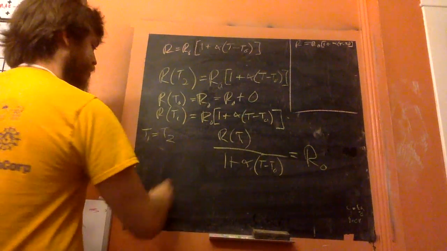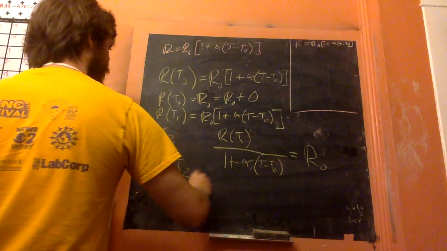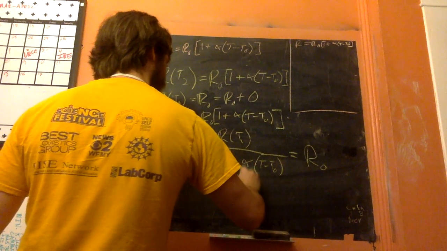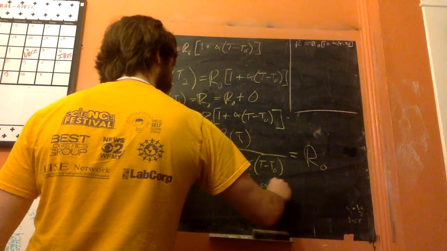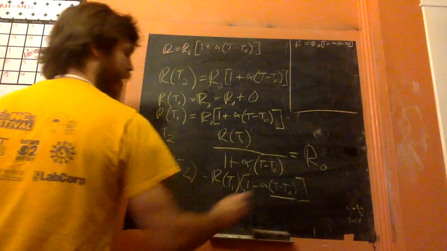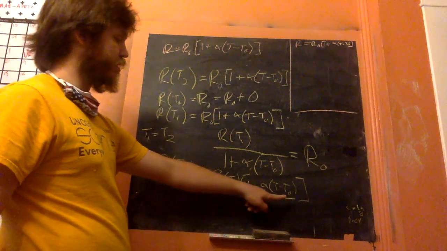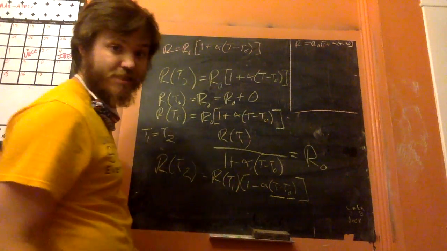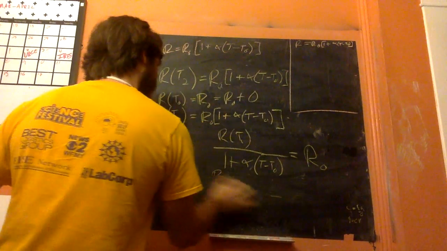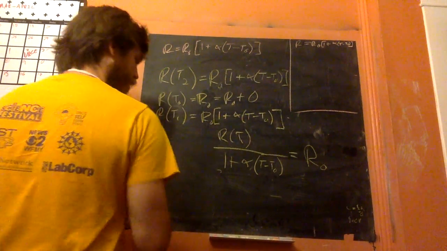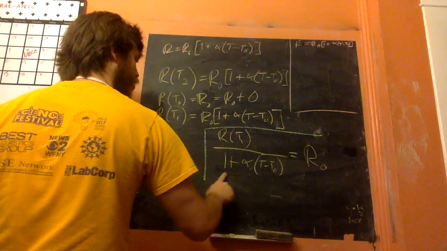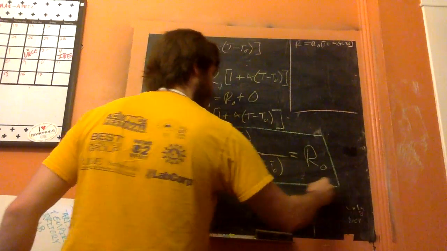If we just skip ahead and say R of T2 is equal to R of T1 times 1 minus alpha T minus T0, well then we're actually assuming that this T0 is T1, which is not the case. So I'm going to erase that so we don't get confused. We want to solve for R0.